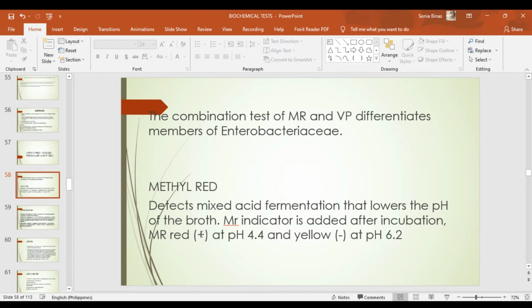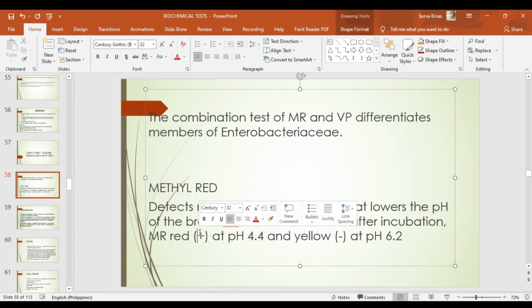So methyl red is positive or red at pH 4.4 and yellow, negative, at pH 6.2. So red is our positive result and yellow is our negative result.